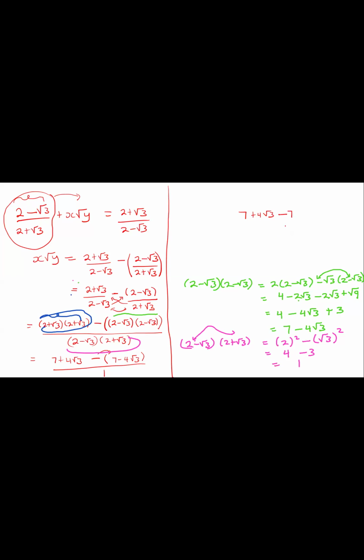Now negative and a negative will give us a positive plus 4 root of 3 is equal to x root of y. Now, the 7 minus 7 is 0. So I will get x root of y equals to 4 root of 3 plus 4 root of 3. Now, what is 4 plus 4? Gives us 8. So I have 8 root of 3 equals to x root of y.